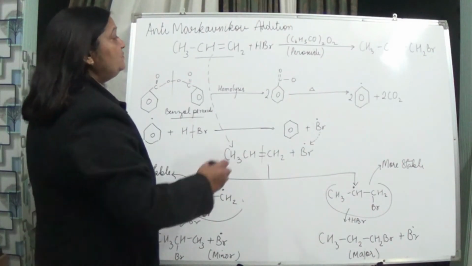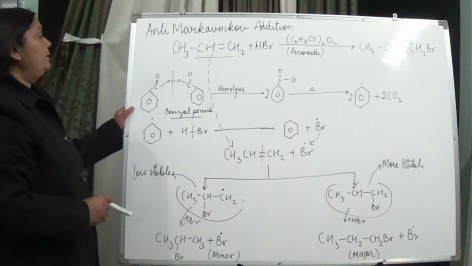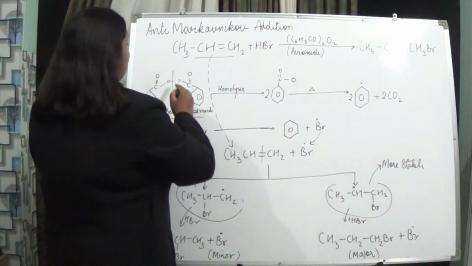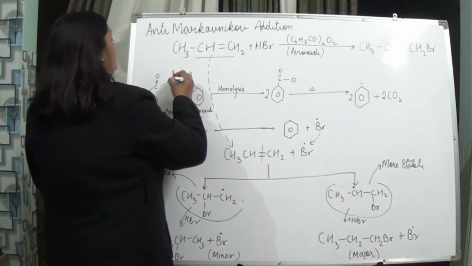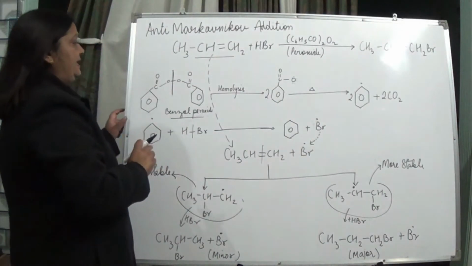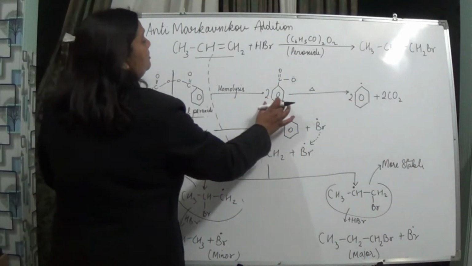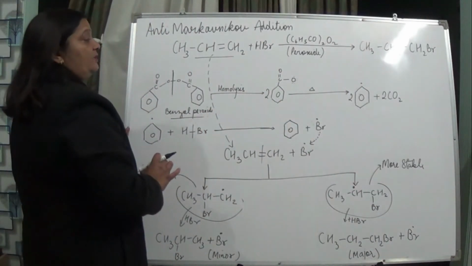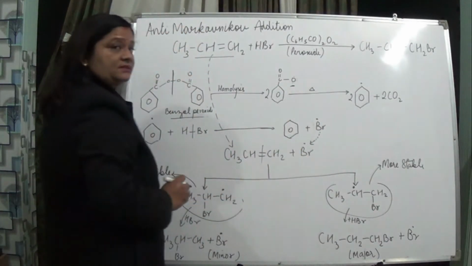As we have taken benzoyl peroxide here, what happens? Homolysis takes place. It means it breaks, and two identical species will be formed. We see that this oxygen over here is not stable.